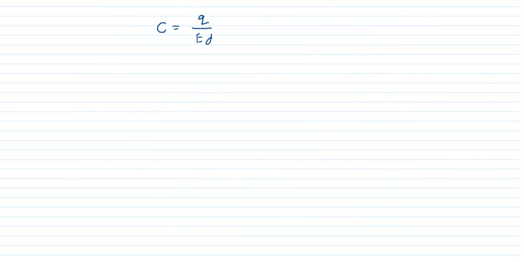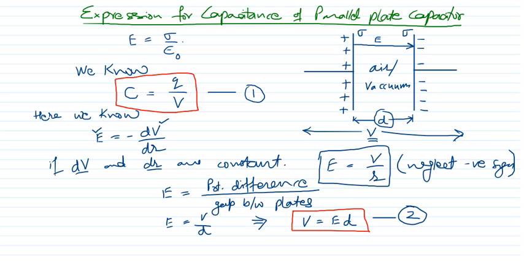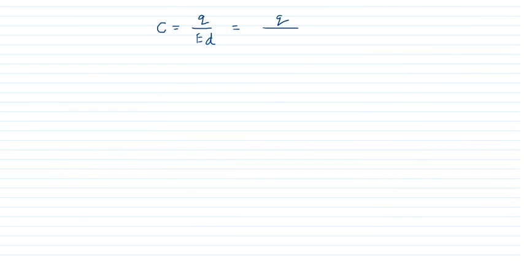Now what is the E? This expression, sigma upon epsilon naught. So C is equal to Q upon sigma upon epsilon naught into d. Is it clear?